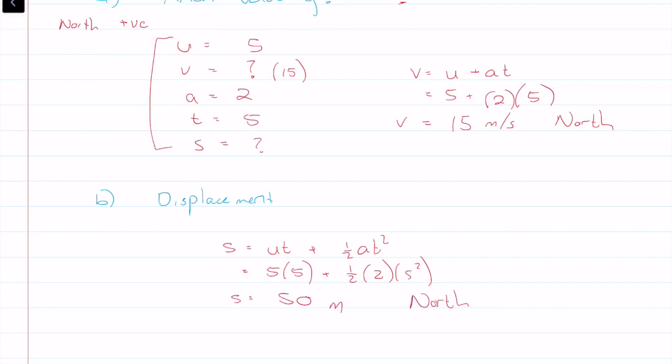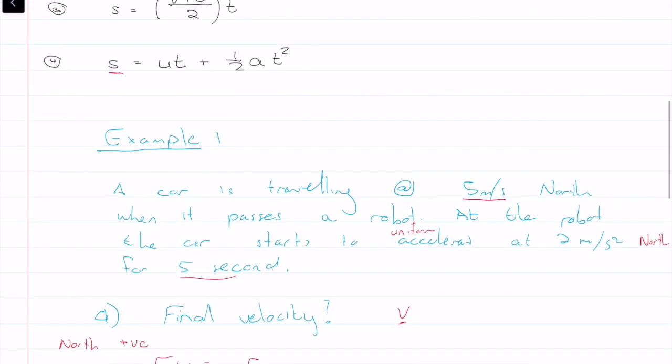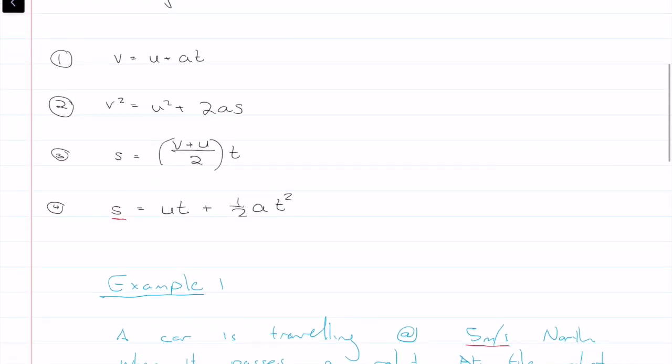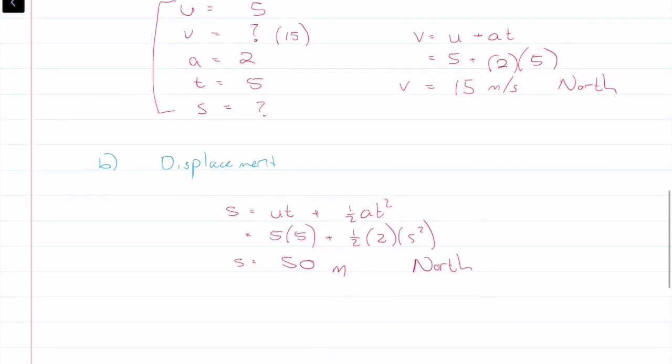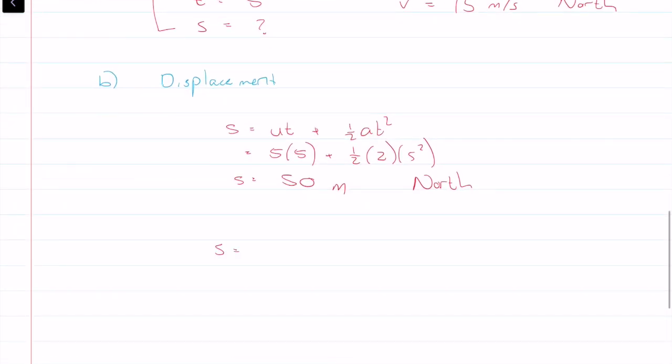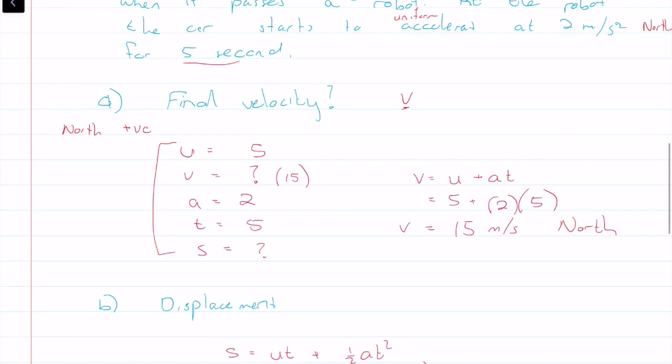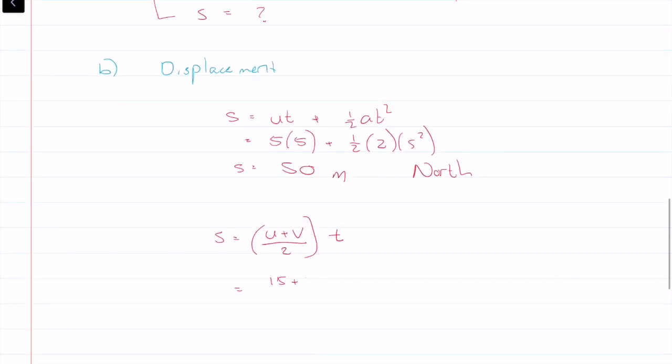Okay, if we got question A correct, then using either equation 2 or 3 should give me the right answer. So let's just try equation 3. S equals U plus V over 2 times T. So V plus U is 15 plus 5 over 2 times our time of 5.